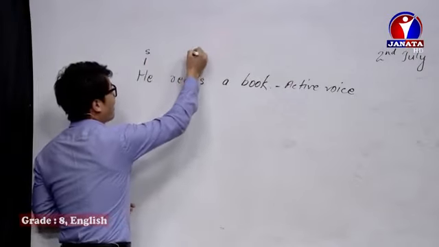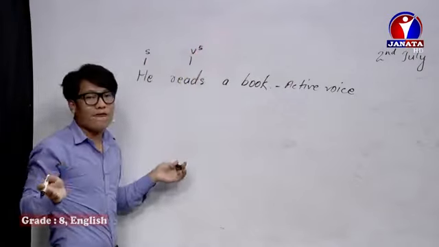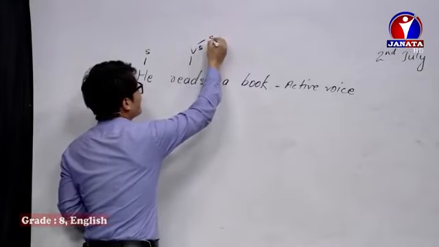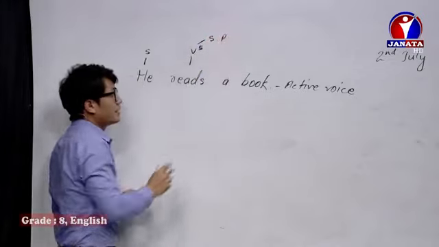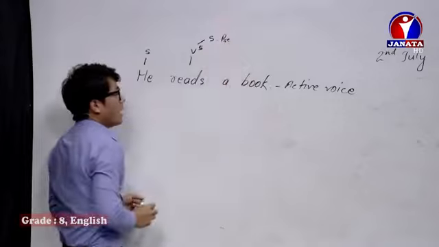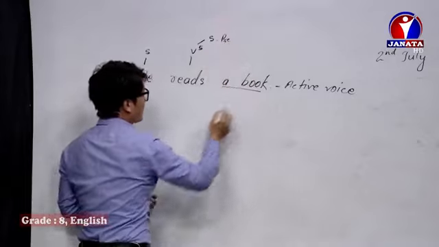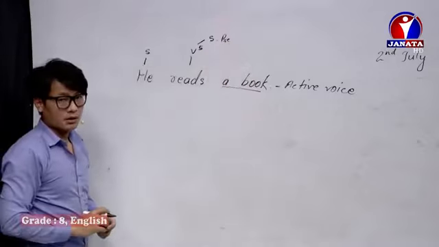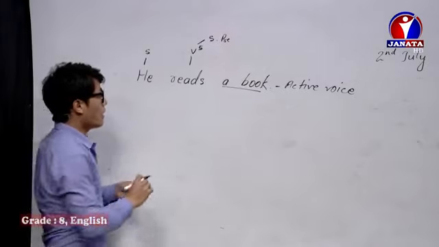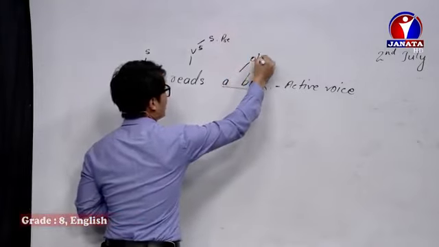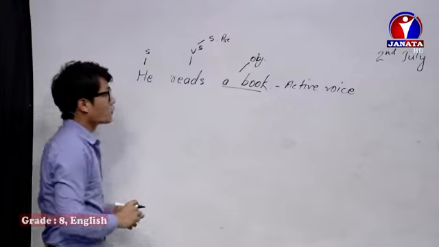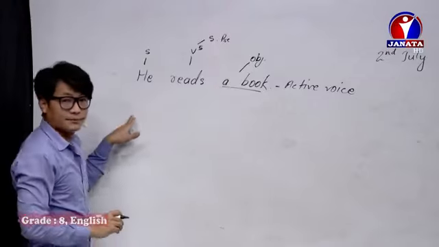This is verb 5, so obviously this is simple present. And what is the object here? A book. The object is a book. So the object should come first.